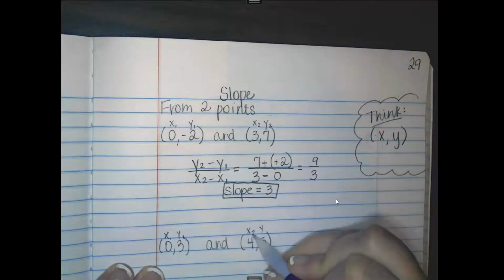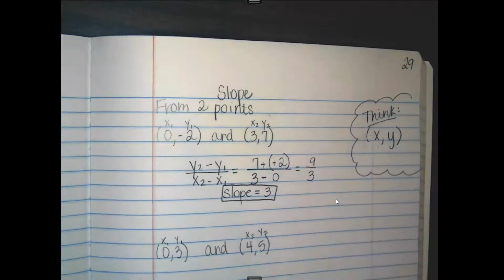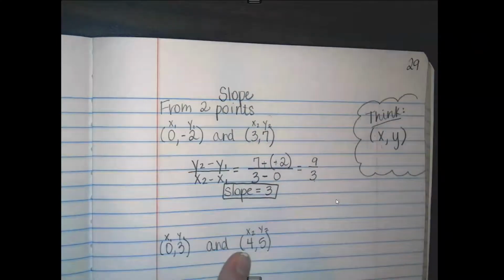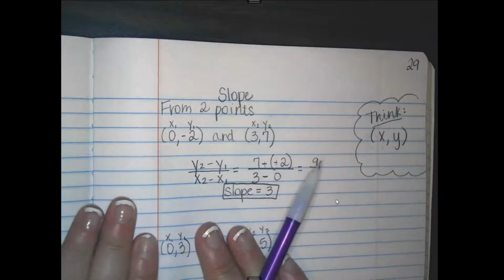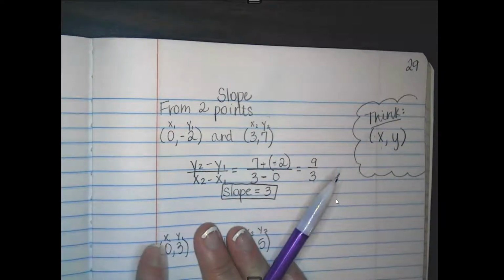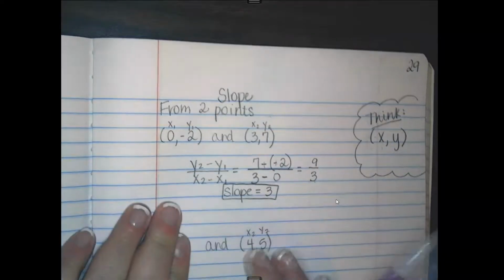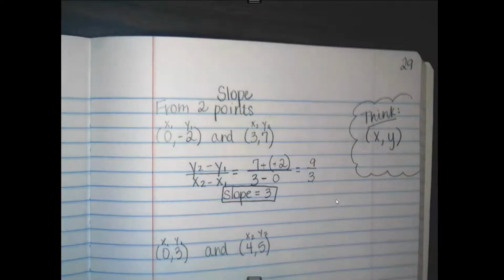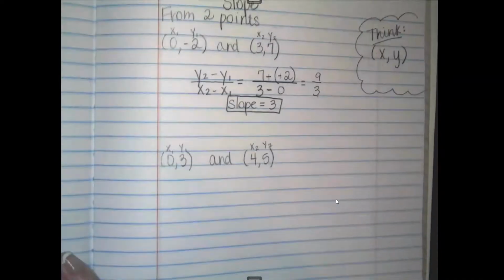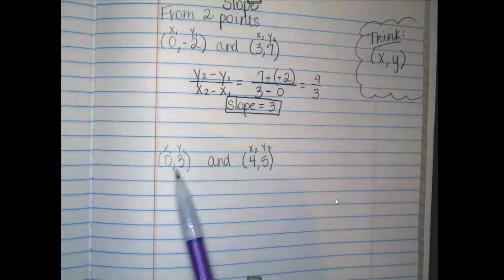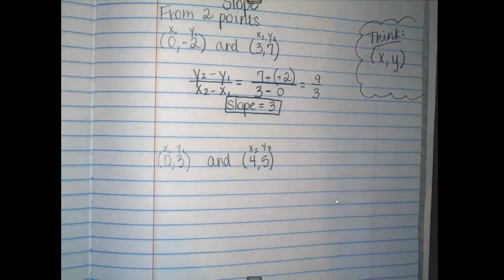This is my second point. I'm going to give you a little hint. It doesn't matter which point you say is your 1 and your 2. As long as, if I say this is my 2, then it should be x2, y2. And then this would be x1, y1. It doesn't really matter which one you choose as your first point, second point. But out of habit, I always choose the first one.